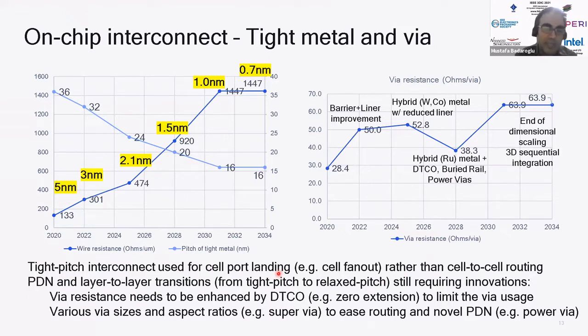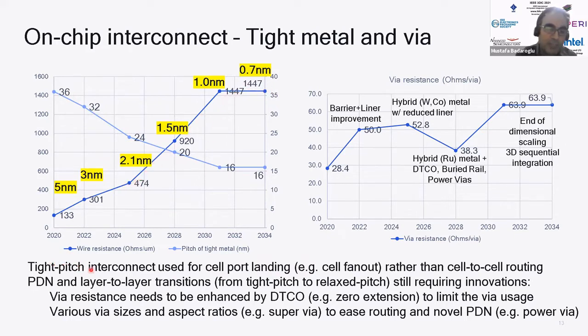So basically you can call this a cell fan-out interconnect. In order to spread the connections of the pins to routing layers of the interconnect, you use the tight pitch interconnect as the port fan-out of the standard cell. And you see the aggressive pitch scaling already happening on this interconnect, and then a significant increase of the resistance.